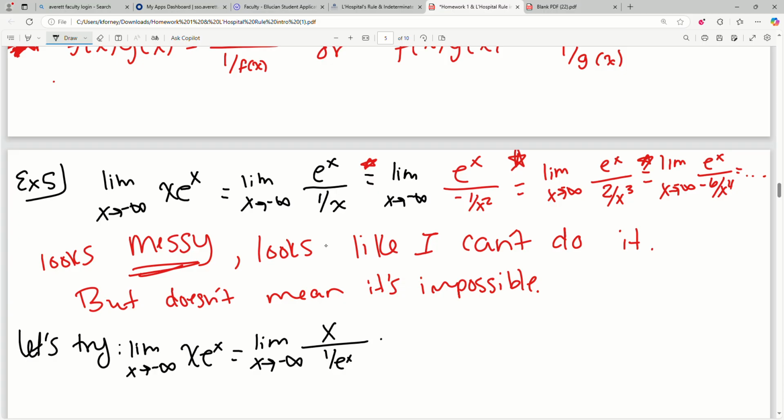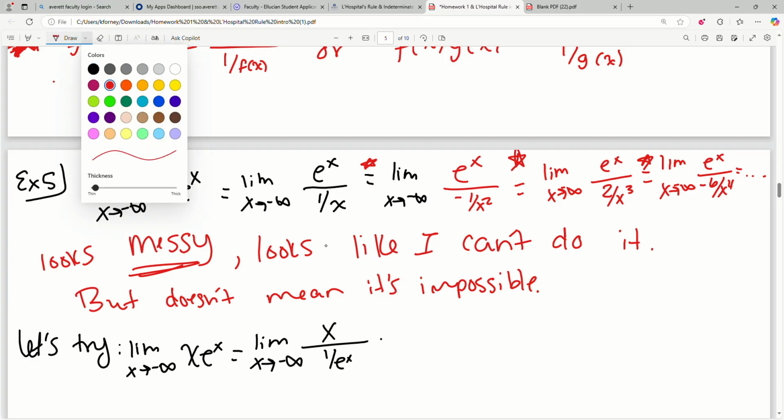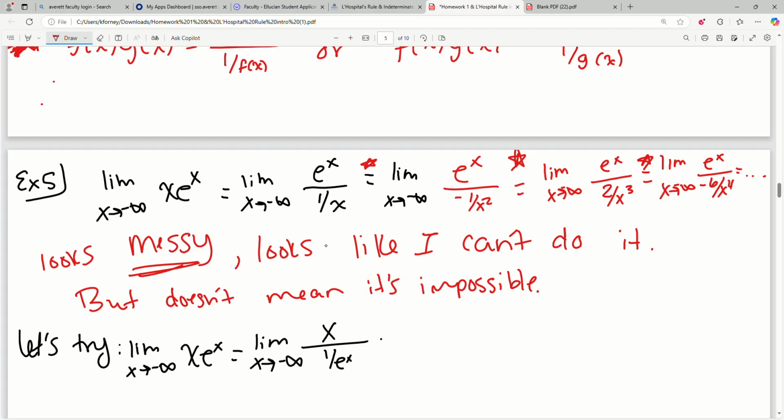So now we want to apply L'Hopital's rule. Applying L'Hopital's rule tells us to take the derivative of the numerator, which is 1, and then the derivative of the denominator.